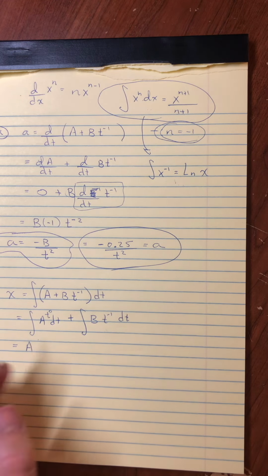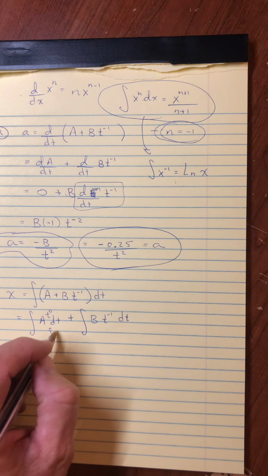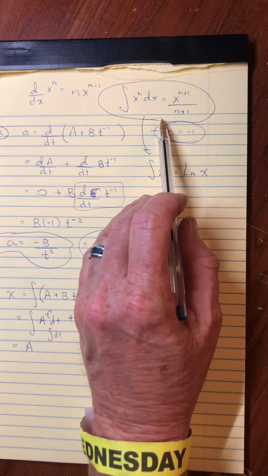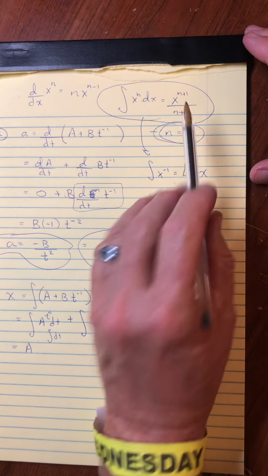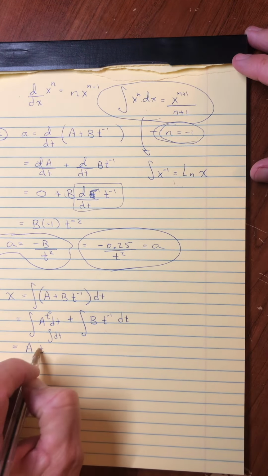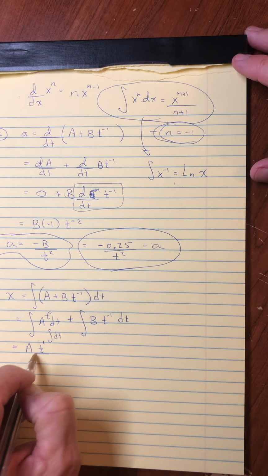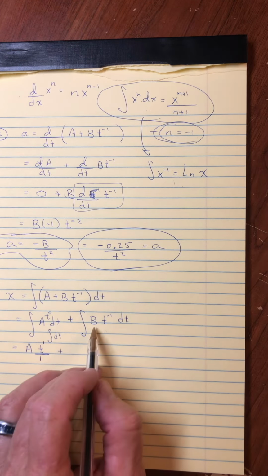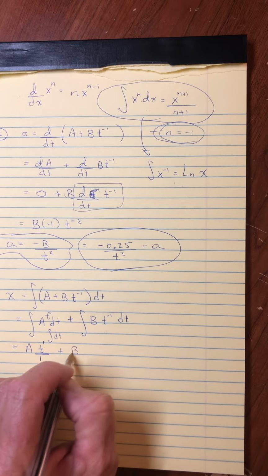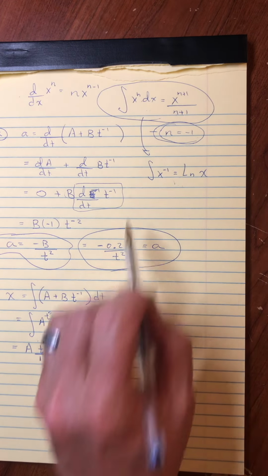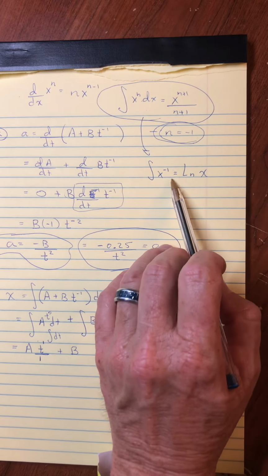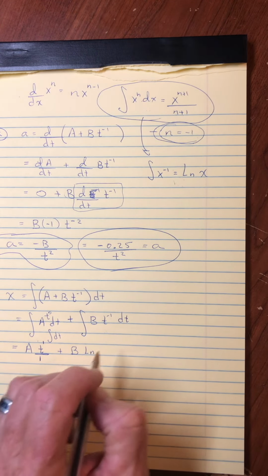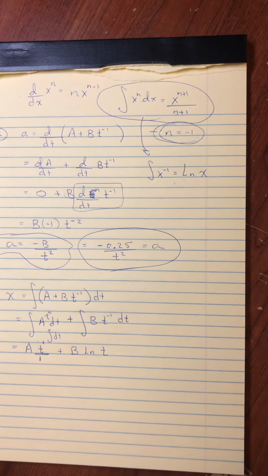And so if you don't have anything in there, you just have the integral of dt. So coming up to our little rule here, we would add 1, so this would become a t to the 1, and technically you would divide by 1. And this integral would be b, but being raised to a -1, this is our exception, and so this becomes b times the natural log of t.